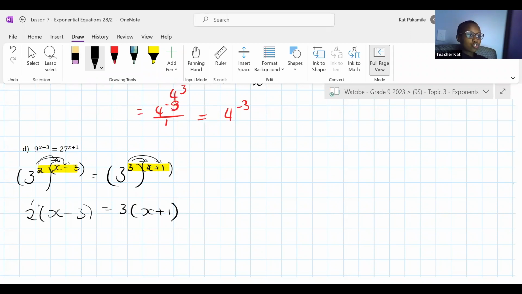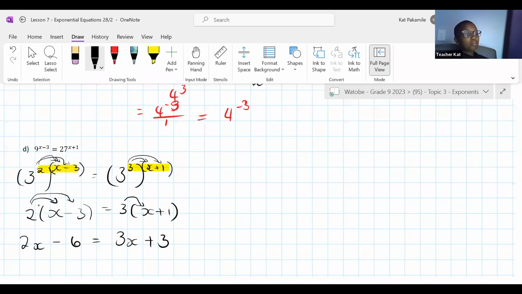So you have to distribute this 2. So you have to say 2 times x and 2 times negative 3. And then you have 2x minus 6 equals 3 times x plus 3, which is 3x plus 3. Beautiful.